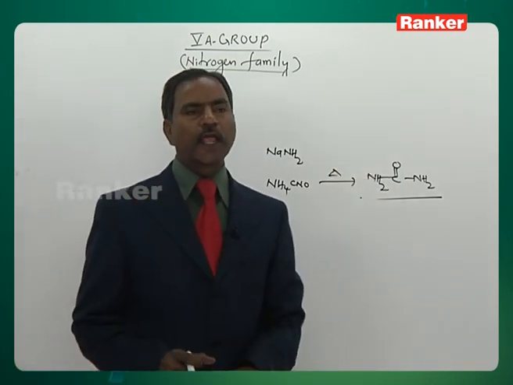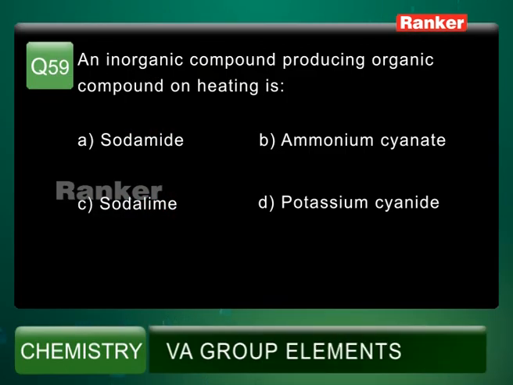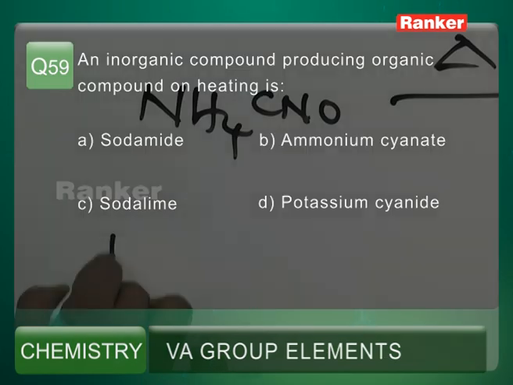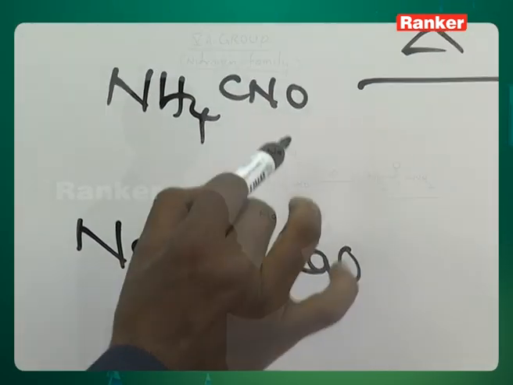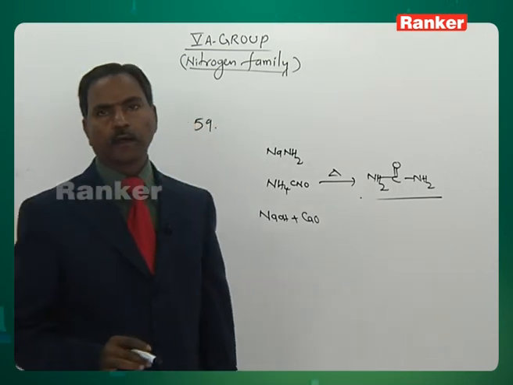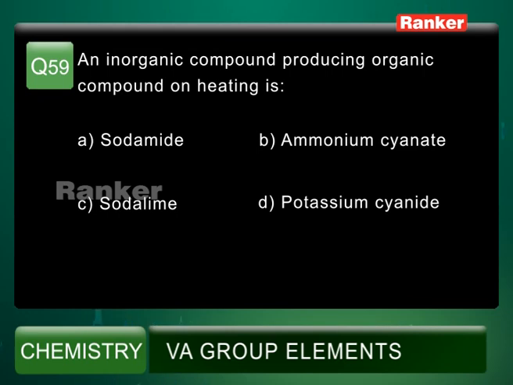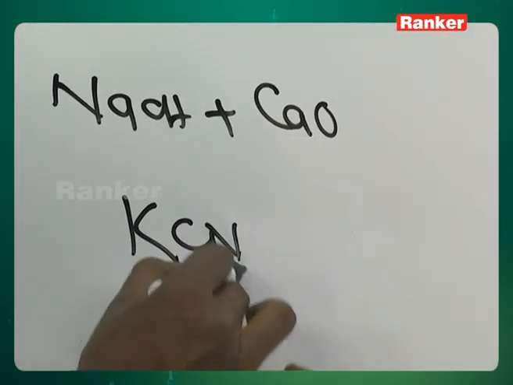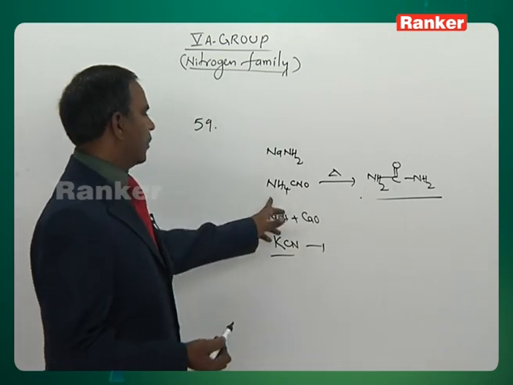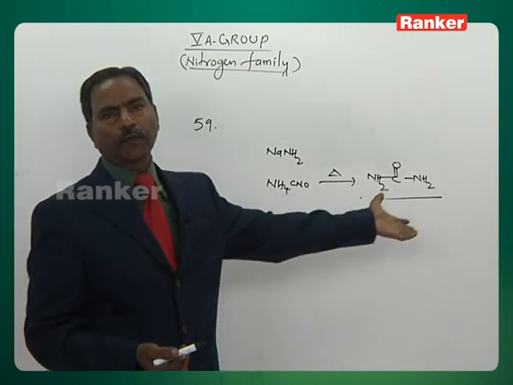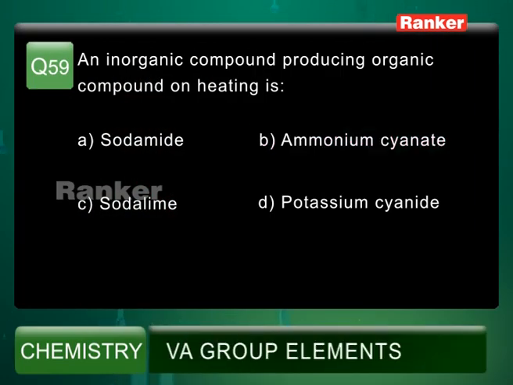Next, see soda lime. Soda lime means NaOH and calcium oxide mixture. There is no organic compound or carbon in that. Potassium cyanide, on heating also not getting any other compound. But ammonium cyanate on heating, you are getting what? Urea. Therefore, question number 59, answer is B.